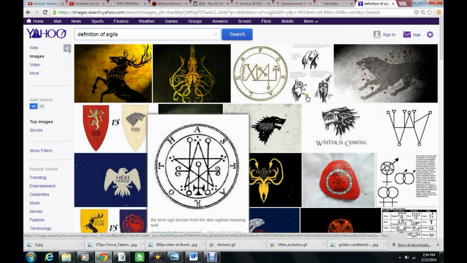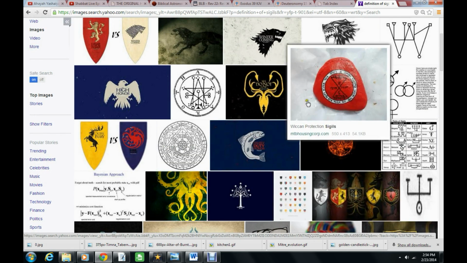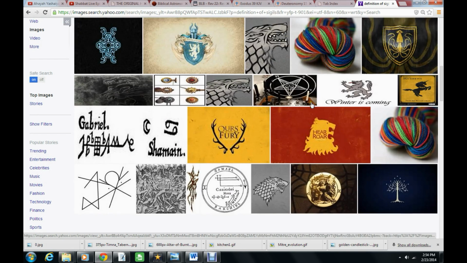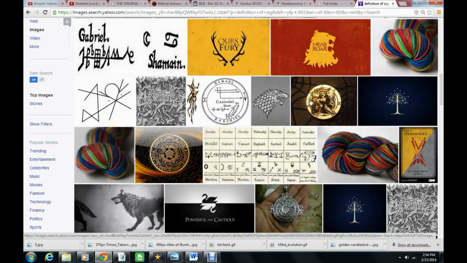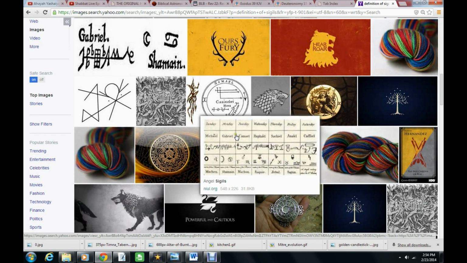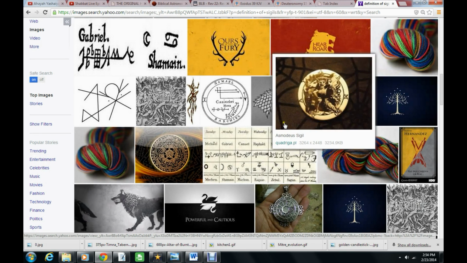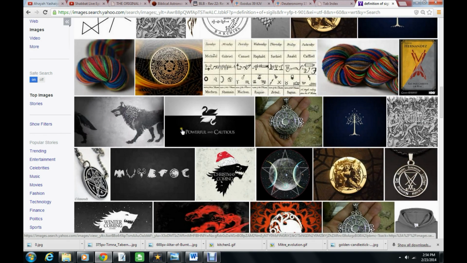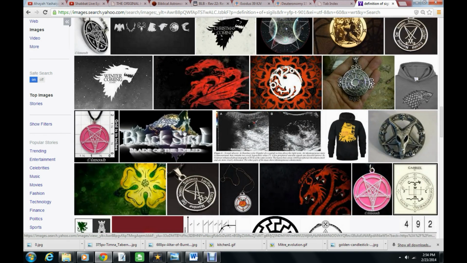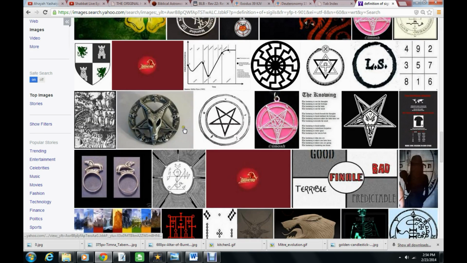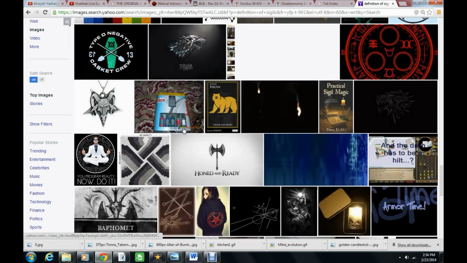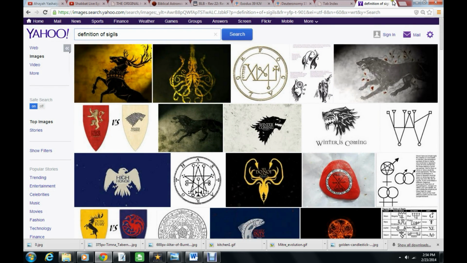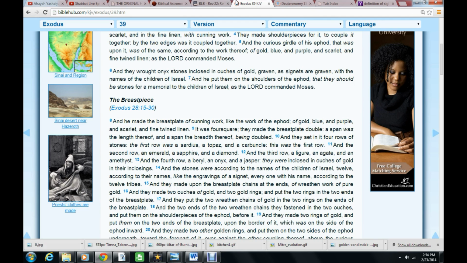They put them in the ground and do things like that to make things happen and manifest. Not only are they sigils, they're also sacred geometry, which means they use certain shapes and angles and stuff like that to get to you. So you've gotta be strong when you see some of this stuff, because they use it for wrong, as you can tell, these sigils. So let's go ahead and continue reading.